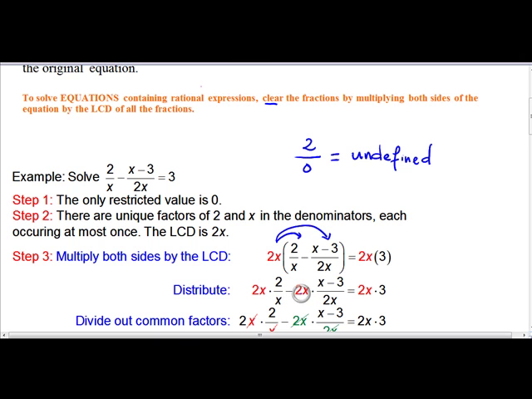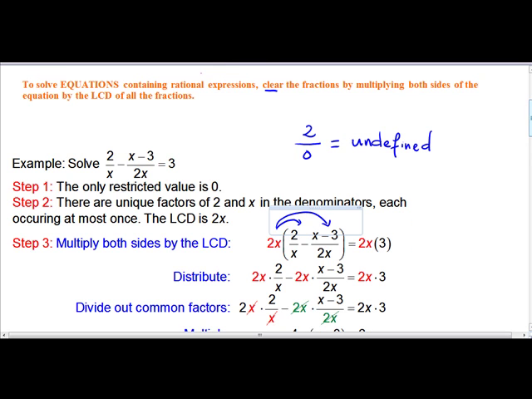So I have 2x minus 2x times (x minus 3) over 2x, and we do the same thing to the other side. Then we divide out the common factors to simplify the equation.